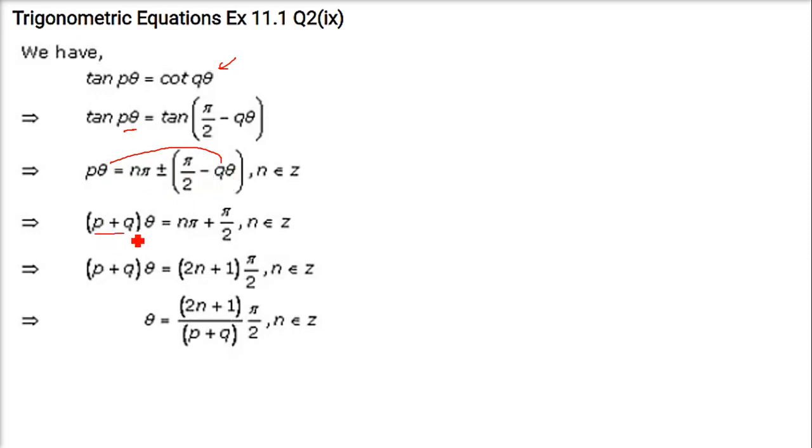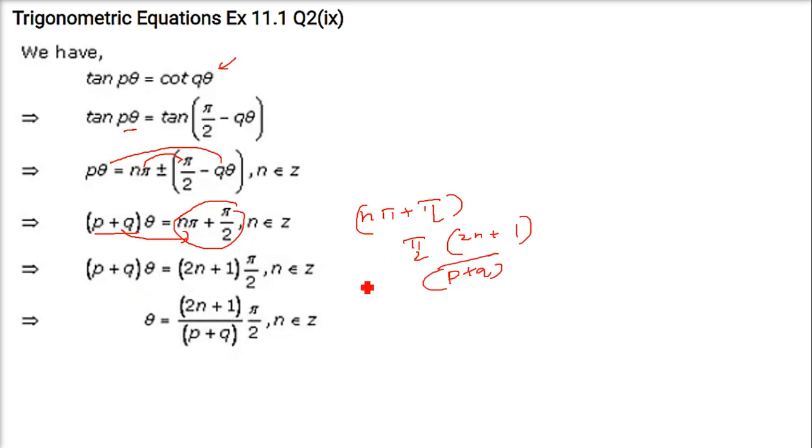So you can take theta common, p plus q theta. And here what remains is n pi plus pi by 2. Now you can write it as 2n plus 1 pi by 2. We are taking pi by 2 common from here. If I take pi by 2 common from n pi plus pi by 2, this will be 1 and this will be 2n. Now bring this p plus q to the denominator. So you get theta equal to 2n plus 1 by p plus q into pi by 2.